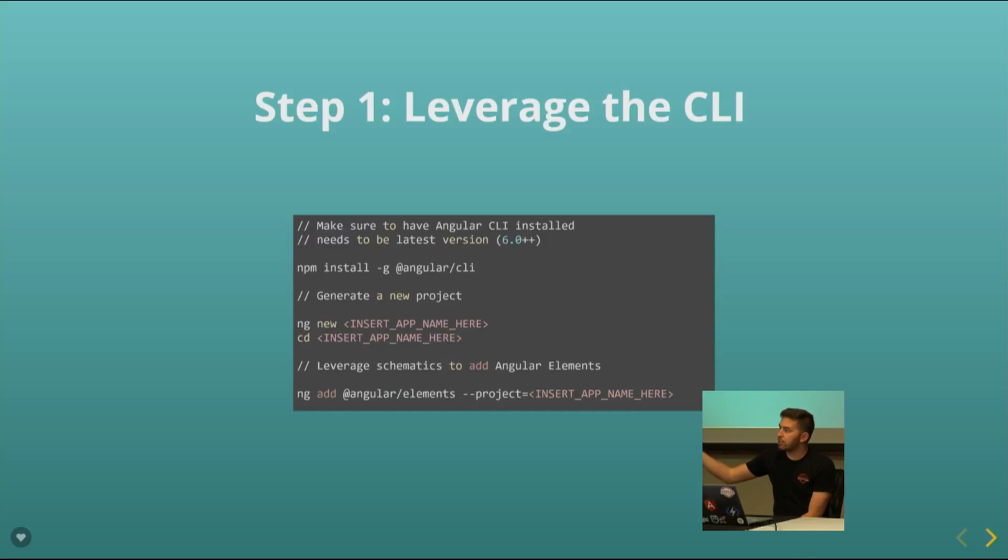The Angular Elements library has a schematic that gets invoked when we want to add this package to our project. We say what project we want to add Angular Elements to, and then that will automatically change our angular.json file, install dependencies, and do all of the wiring up that we used to have to do by hand, now handled automatically for us with one command, which is pretty cool.